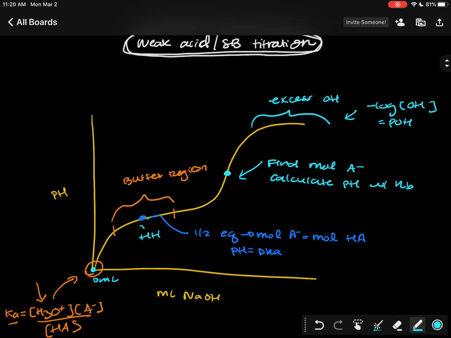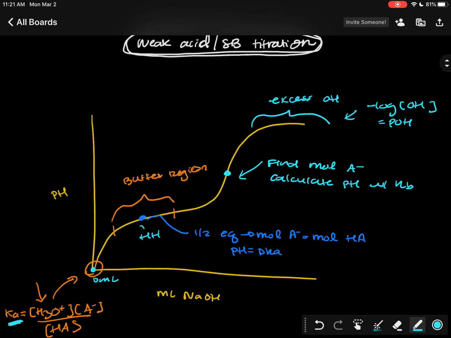Each of these points is what I was trying to get at with this video: we can look at any point in our graph and determine the pH. If it's the initial point, we use the Ka. If it's in the buffer, we use Henderson-Hasselbalch. If it's at our equivalence point, we have to find our moles and then find A minus.